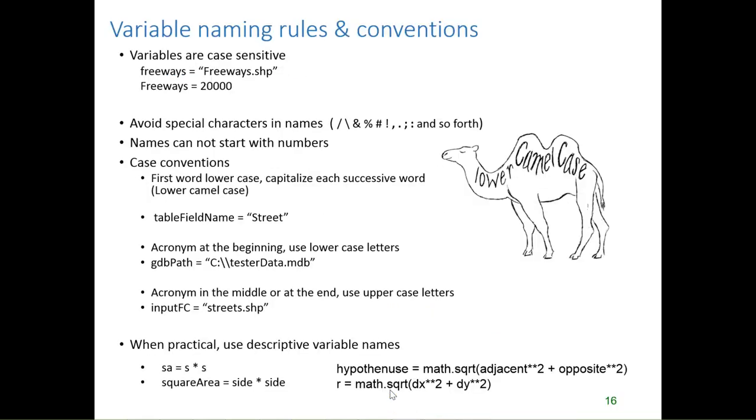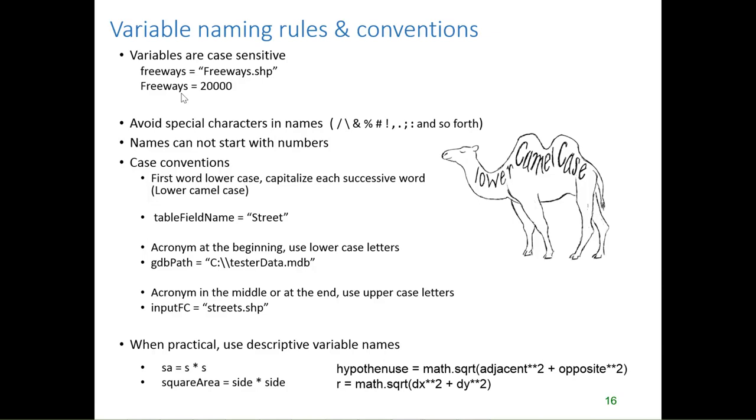There are some rules for naming variables. They are case sensitive, just like keywords are case sensitive. So if you make a variable named freeways and it's all lowercase, that can be a separate variable from the one named Freeways with the uppercase F at the front.